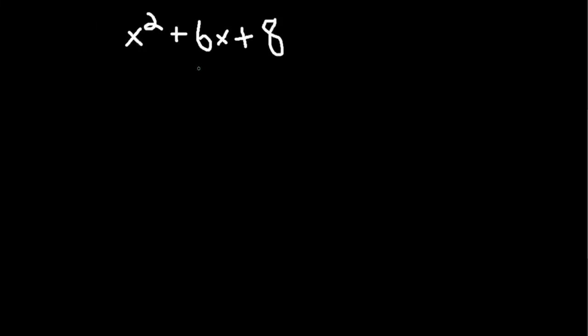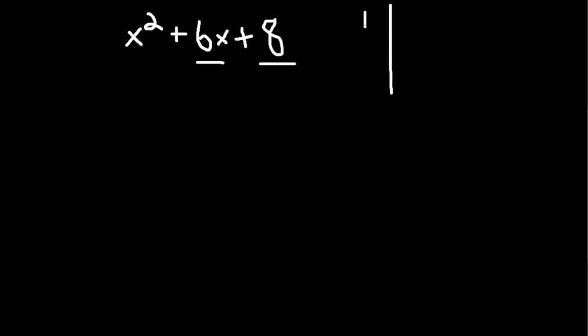There's nothing right there. So without any coefficient, you want to look at the second term and the third term. The second term is always a variable with a coefficient, and then a constant. What we want to do is find two numbers that multiply to give us this 8, yet add or subtract to give us this 6?